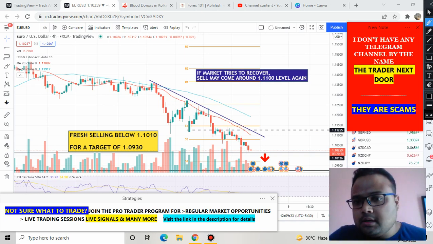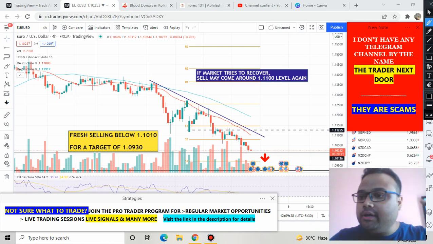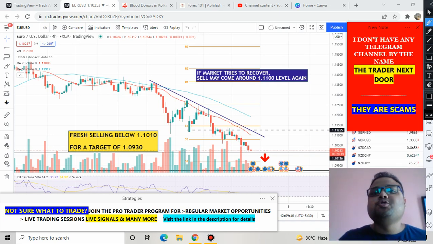So considering the technicals, considering the fundamentals, taking a sell position is the best thing to do on the chart of Euro USD. Why? Because fundamentally also Euro USD is pointing towards the downside, and technically also we can see that the trend of the market is very much towards the downside.